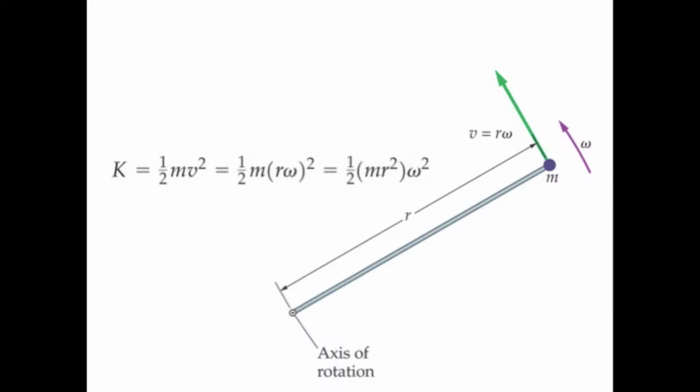But with the knowledge that we have using rotational kinematics, we can say that v is equal to r times omega. So let's just replace v with r omega, and then we get that K is equal to 1/2 mr squared omega squared.